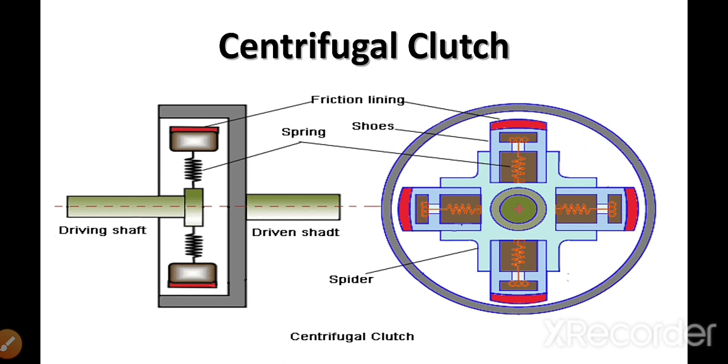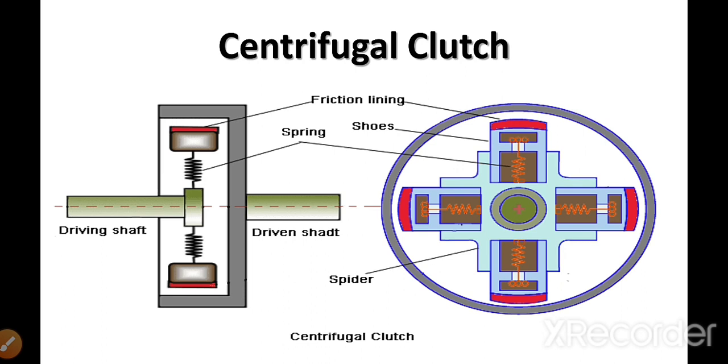Because of that centrifugal force, all these shoes start moving radially outward. They do not move until the magnitude of the centrifugal force increases beyond the spring force. Whenever the centrifugal force exceeds the spring tension, they start moving outwards.